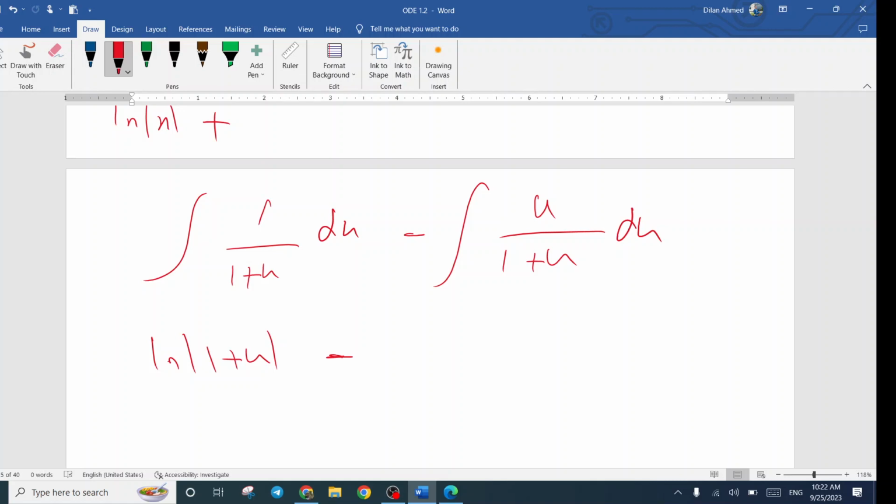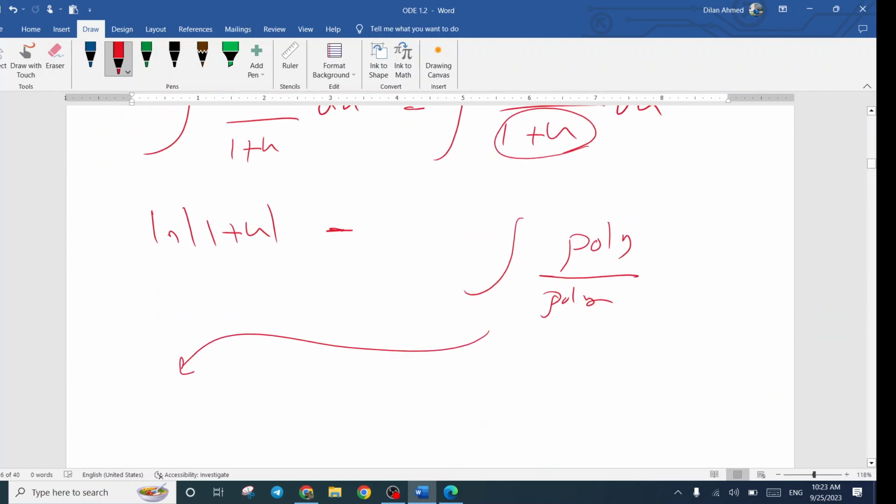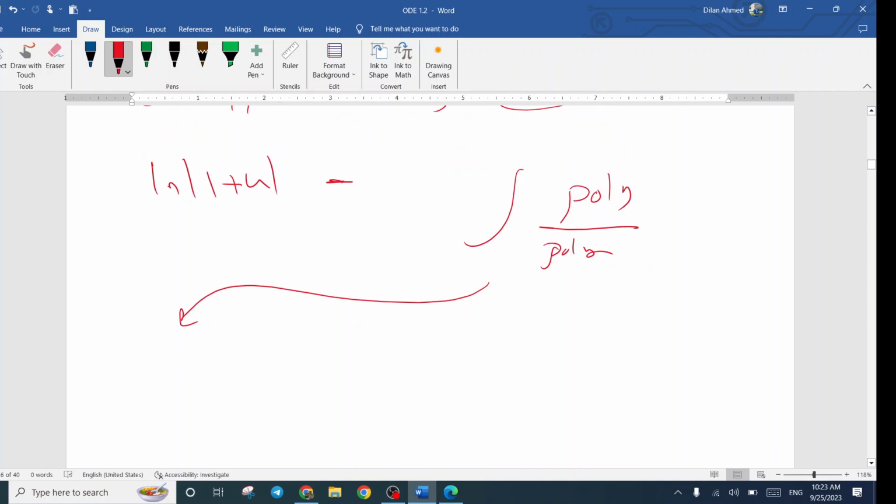We have 3 cases. If I have a polynomial over polynomial, write it as a note. It's a case. Do you remember? The numerator is greater than the denominator, or the denominator is greater than the numerator, or they are equal.